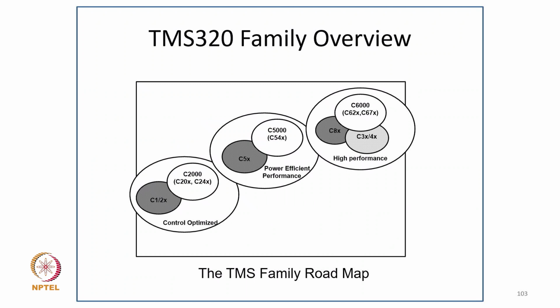And this is the family roadmap, starting from C1X or C2X to control optimization, then power efficient performance, and then high performance computing.